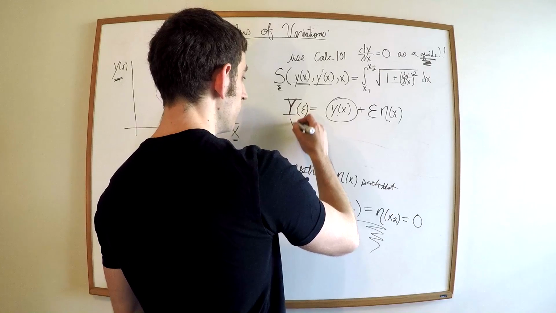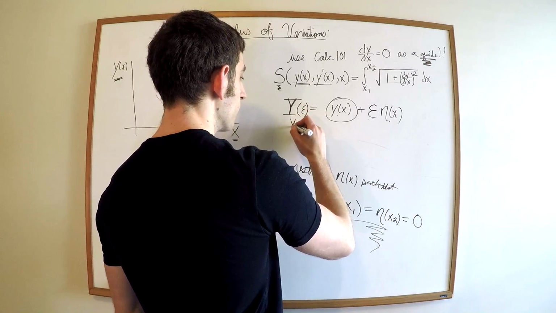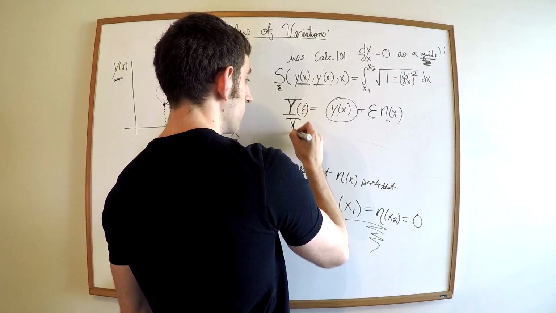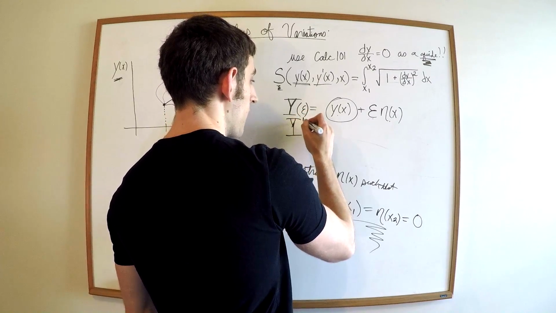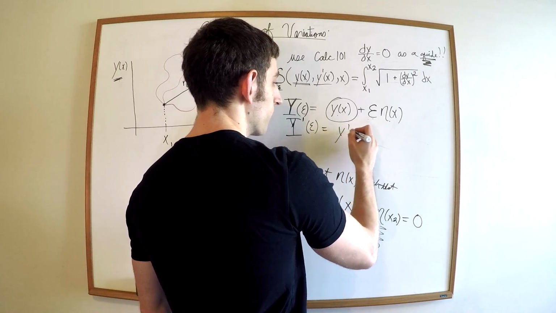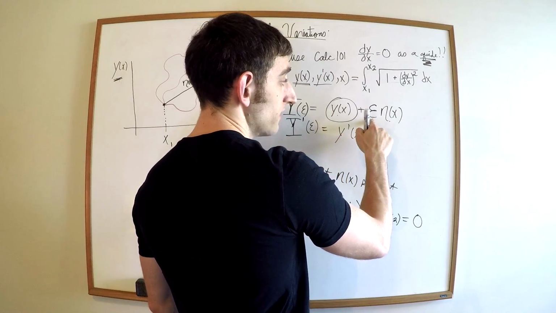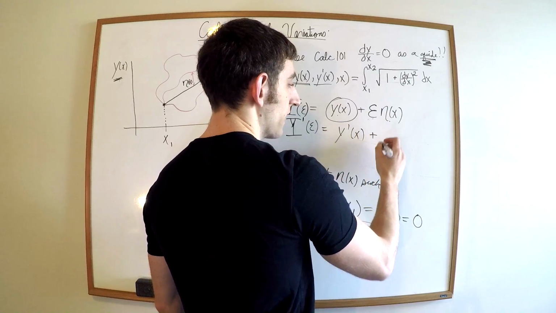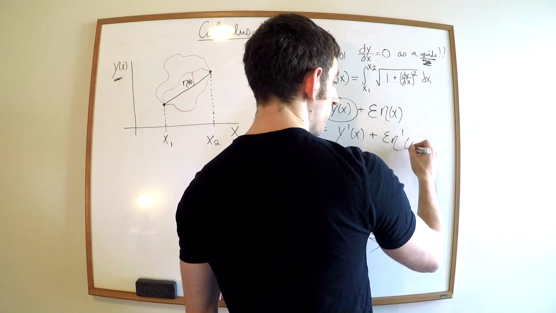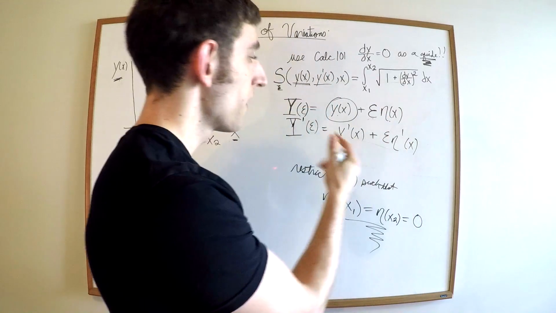One thing we need to do is, since we're redefining y sub x, we have to redefine y prime sub x. So we end up with y prime sub epsilon equal to y prime sub x. This is a constant, so we get plus epsilon eta prime sub x, and then bam.